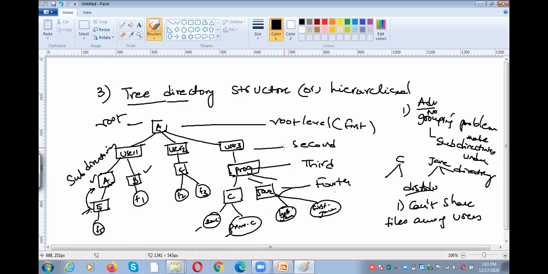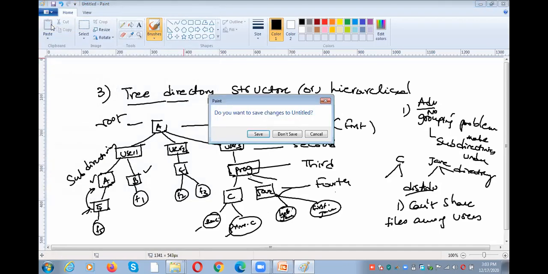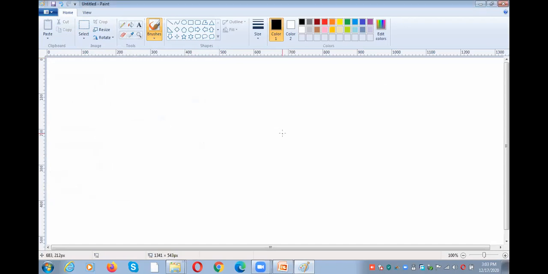How can we overcome this disadvantage of the tree directory structure? So we need to go for the fourth variety. That is called the acyclic graph directory structure.